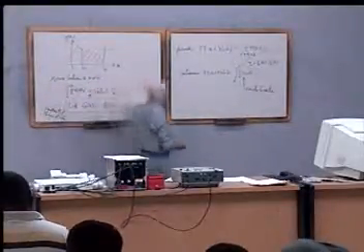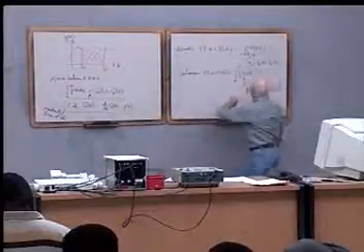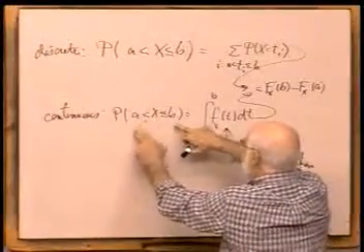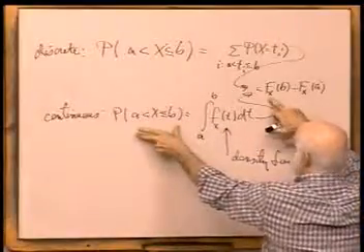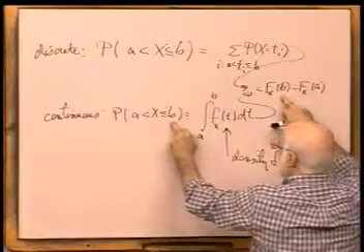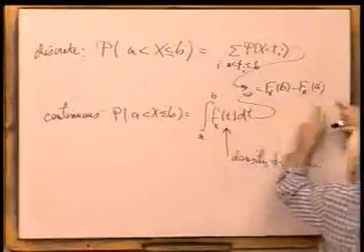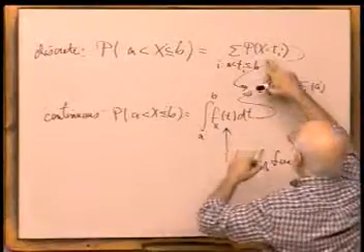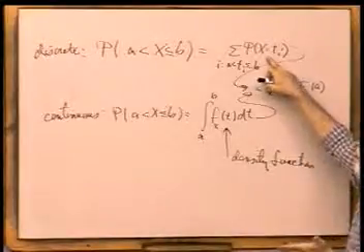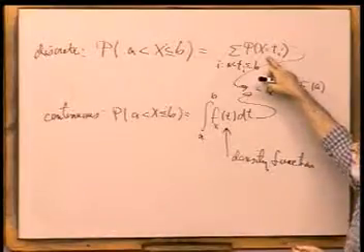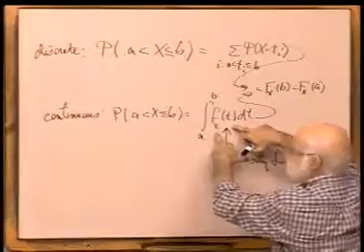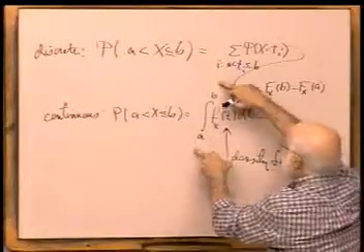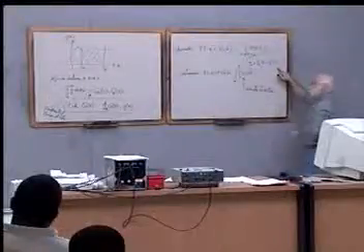What does this mean? Go over here and look at this by analogy. What this says is that I want to find a function, capital F, which I evaluate here, and I evaluate here, and I subtract them. And I want to find something that's analogous to adding probabilities, but the probabilities are all zero. So what I will do is come up with another function, and find the area under that function between those two limits, and it'll give me the same answer.